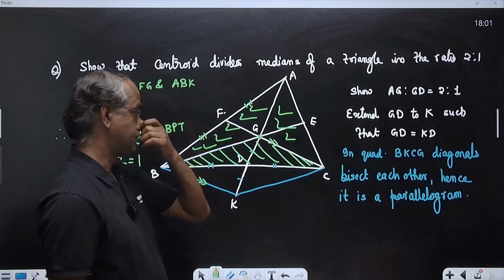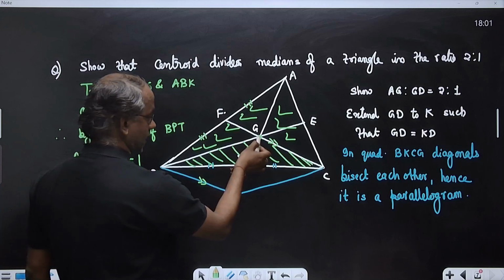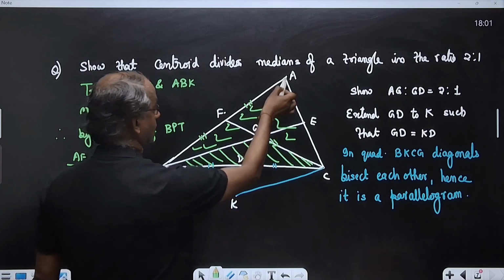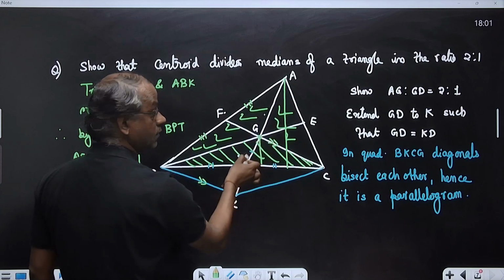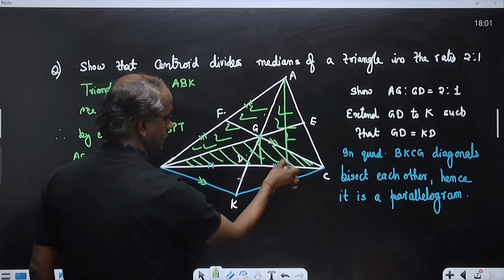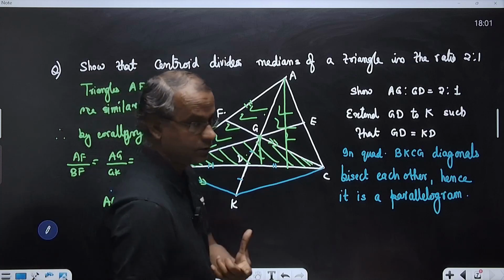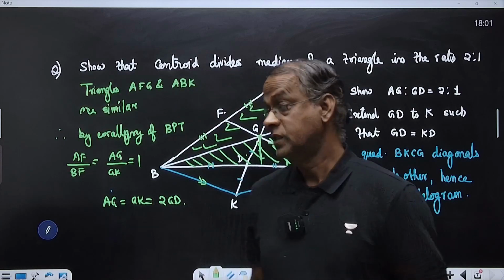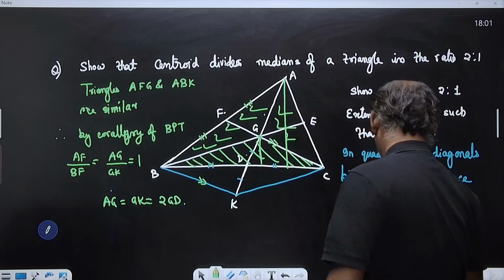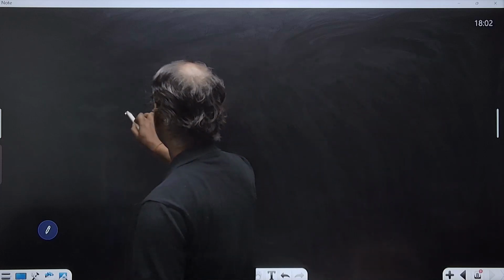You can see this is 2 is to 1. So this height is 1/3 the height of the triangle, 3 is to 1. Base remains the same, so we must remember this also.